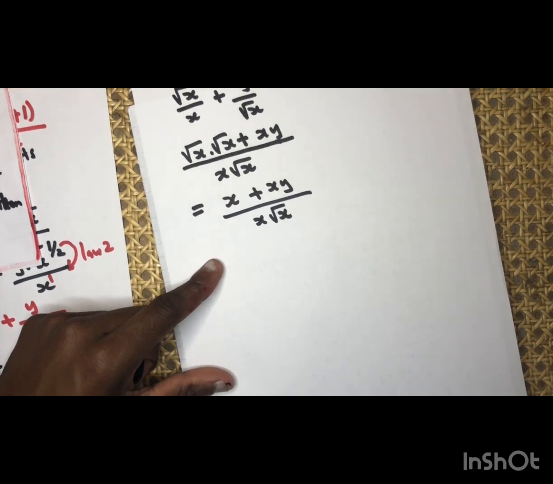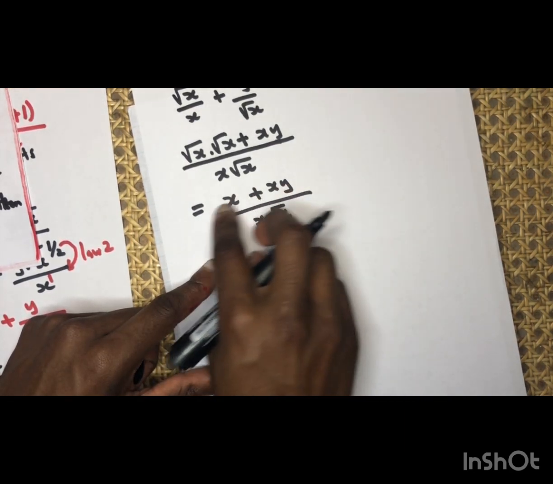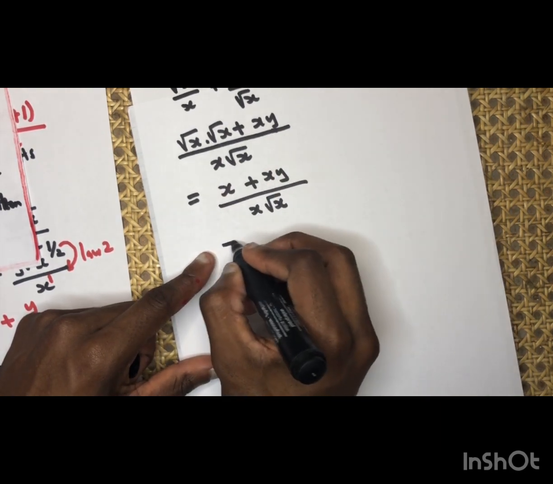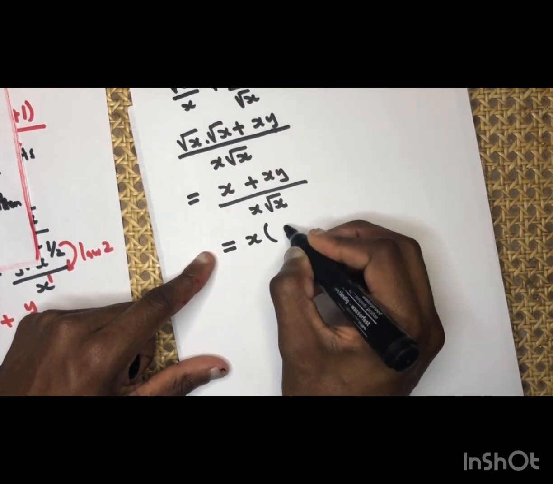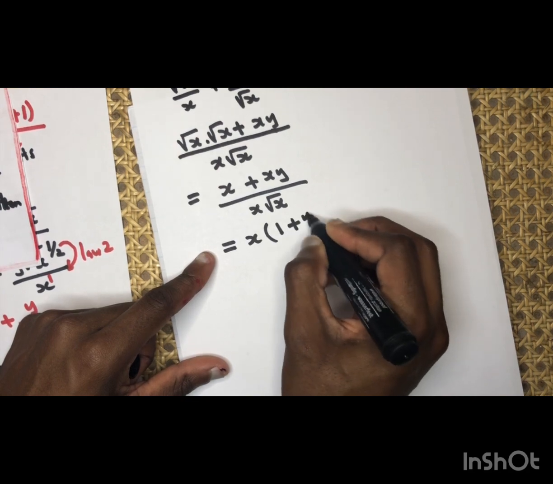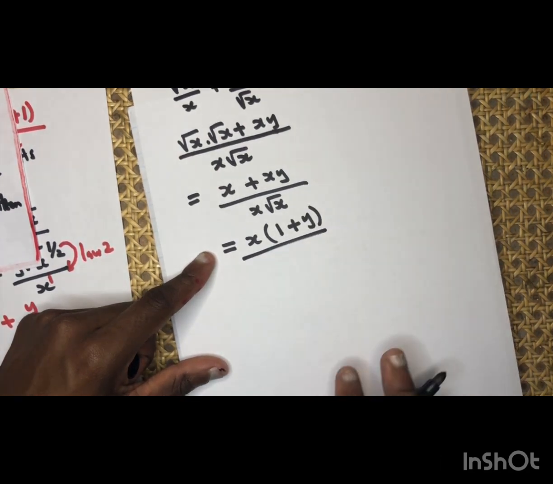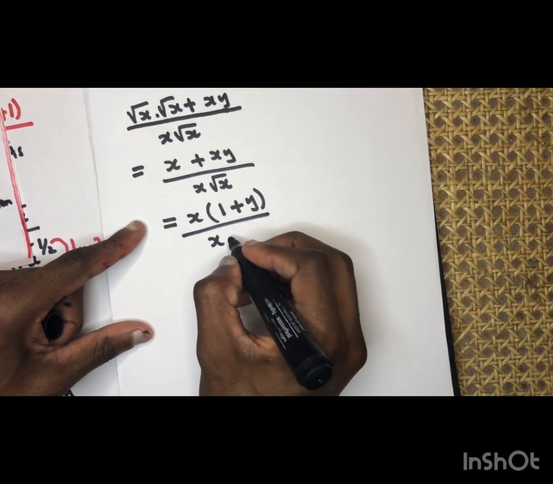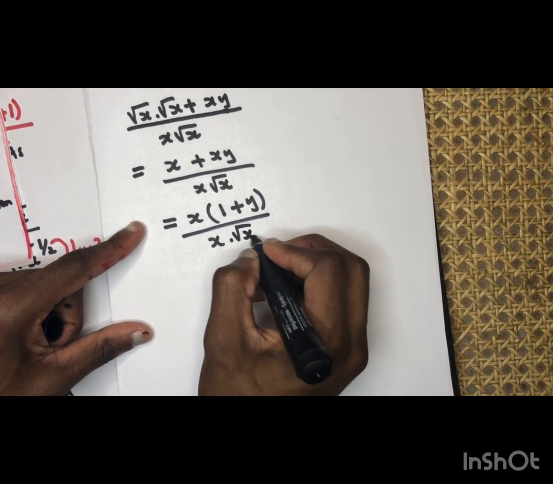Now what is common here, guys? We know that the common factor here is x. So if I take out x, then I'm left with 1 plus y over what? Over x times root x.